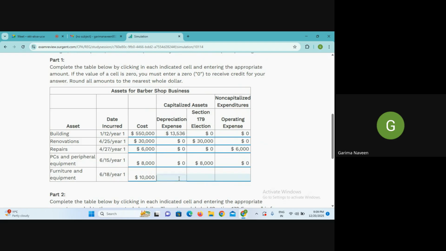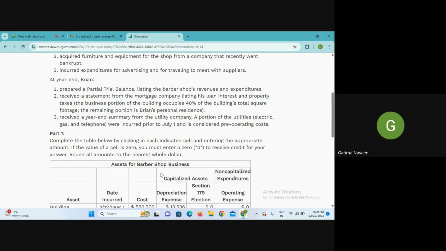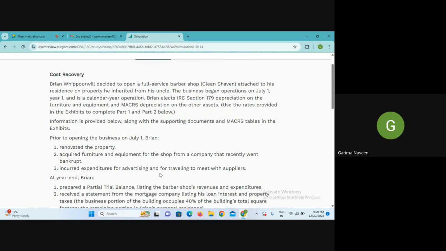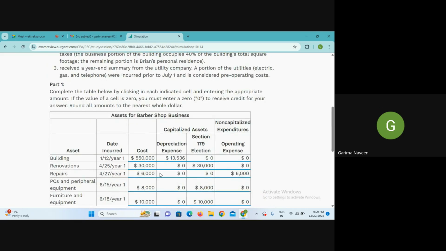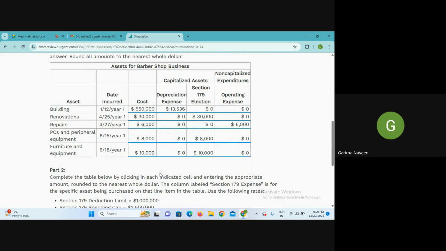Okay. So can you claim 179 or depreciation? And we can claim 179. Okay, then it will be 0. It also will be 0. Okay. On July 1st को ऑपरेशन स्टार्ट हुए.